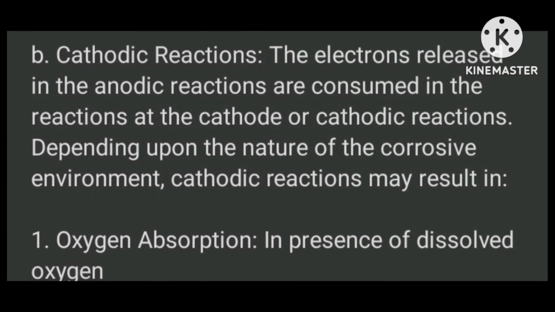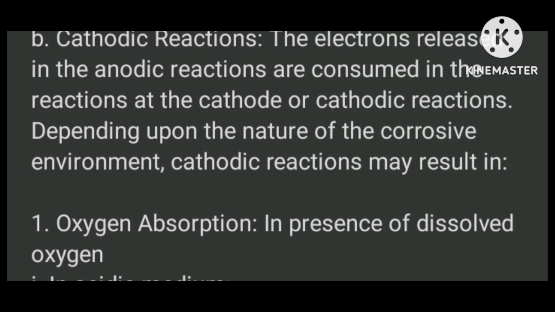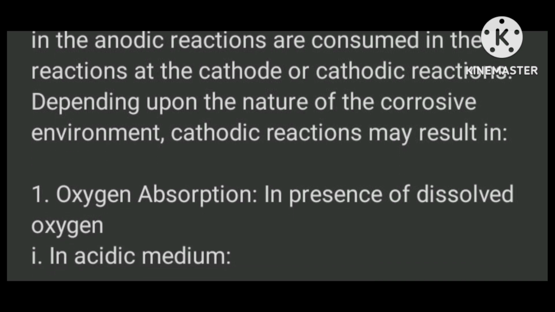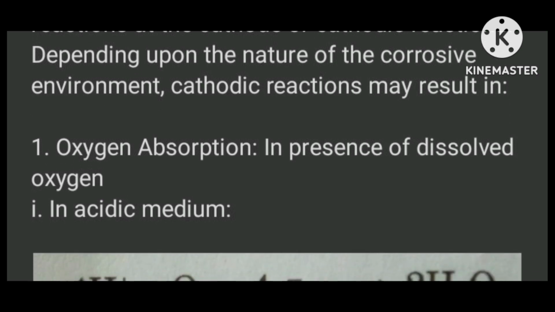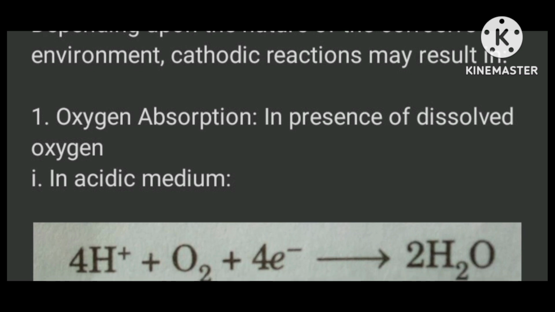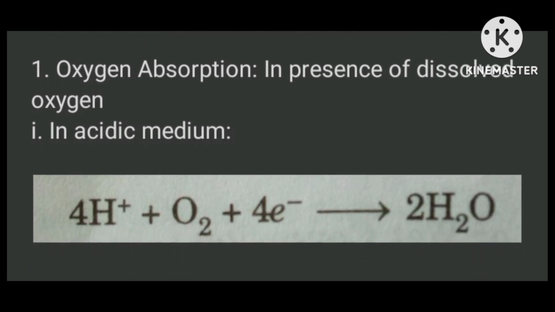B. Cathodic reactions. The electrons released in the anodic reactions are consumed in the reactions at the cathode, or cathodic reactions. Depending upon the nature of the corrosive environment, cathodic reactions may result in: 1.